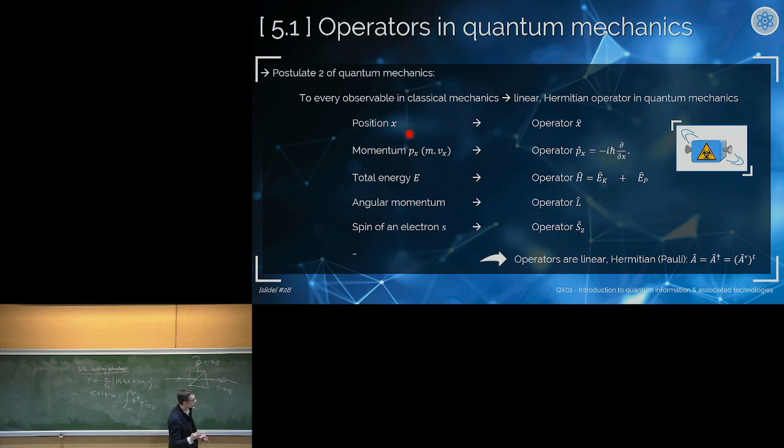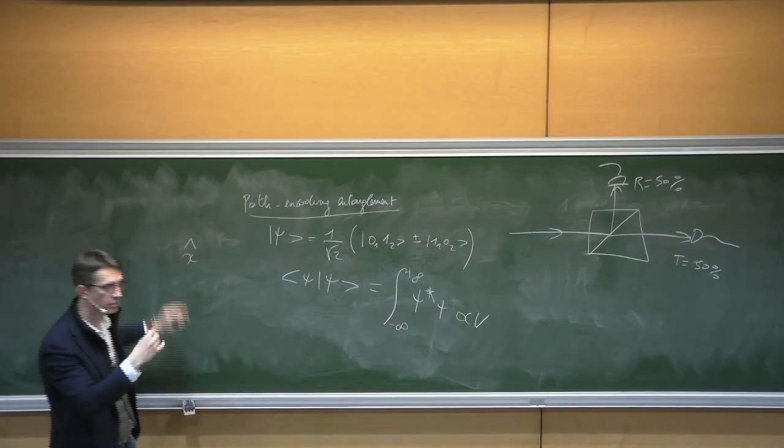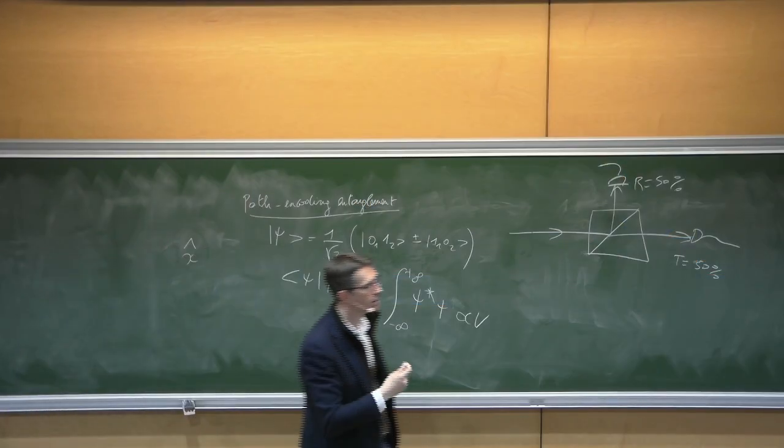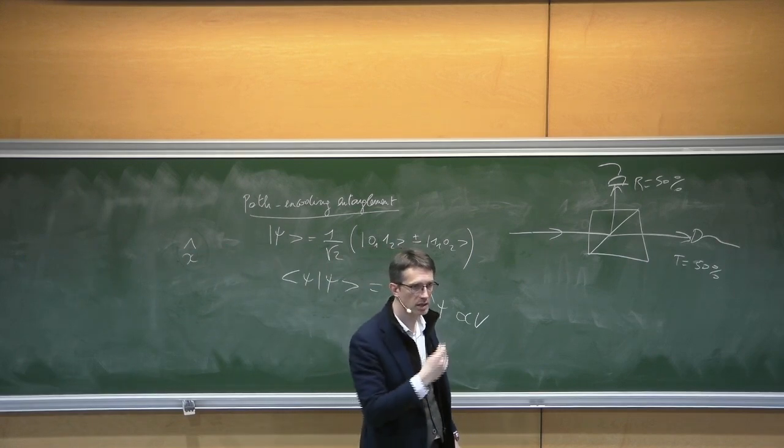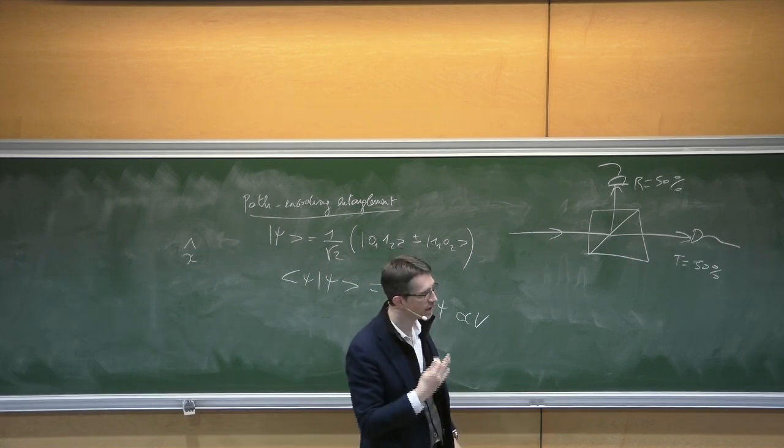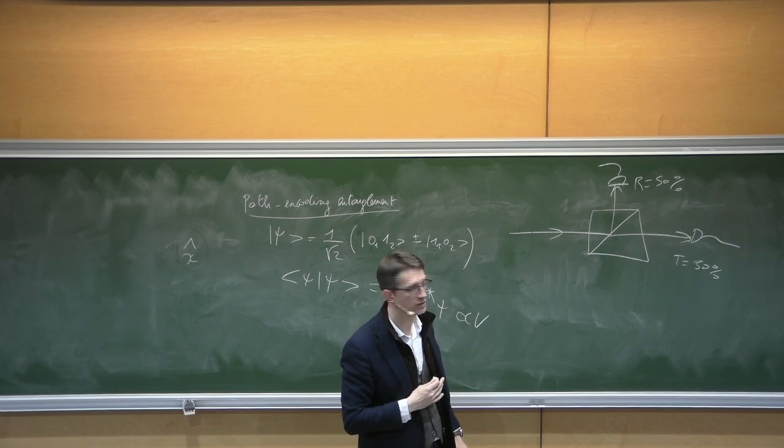Classically, I just measure x. The quantum mechanical version is, if you remember, this hat on top of it, which has a meaning, because now this is the operator measuring the position x. It's the quantum mechanical version of the classical physics.